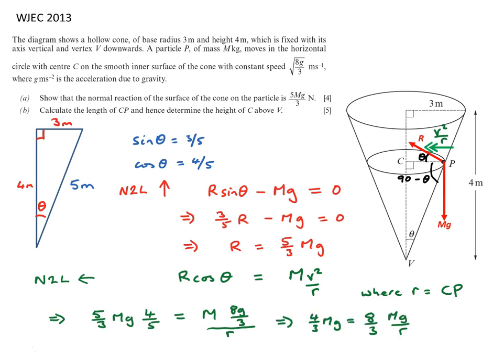That simplifies to 4/3 mg on the left-hand side equals 8/3 mg over r on the right-hand side. And if we simplify that right down, that gives me r must be 2 meters. So we've now found that the radius of the motion, in other words, the distance CP, is 2 meters.